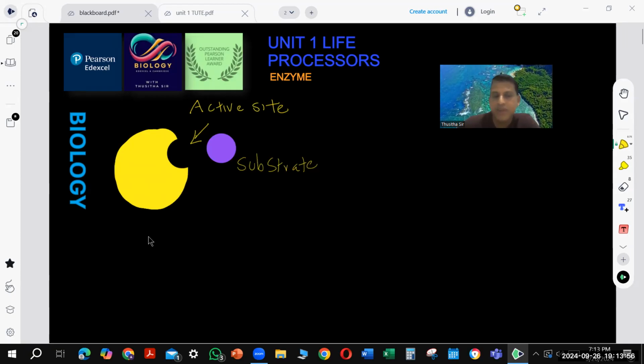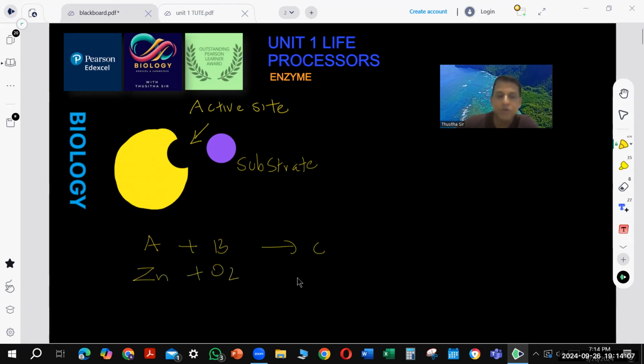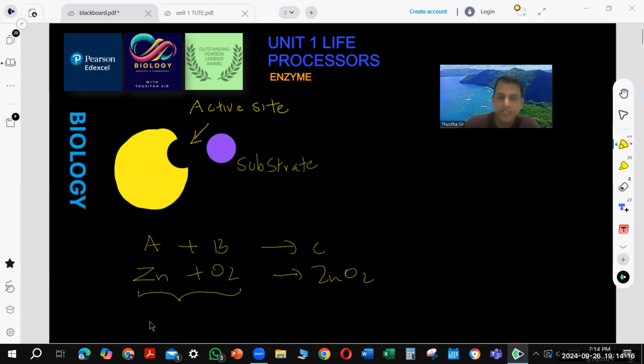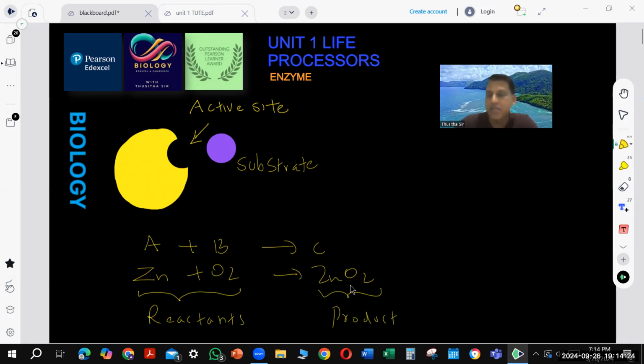You write a chemistry reaction A plus B gives C. Simply, in chemistry you can write zinc plus oxygen gives zinc oxide. That's an oxidation reaction. The left side you call the reactant, and this one you call the product. That's your basic chemistry. In biology, we call it the substrate instead of the reactant. Usually we don't call it reactant, we call it substrate.